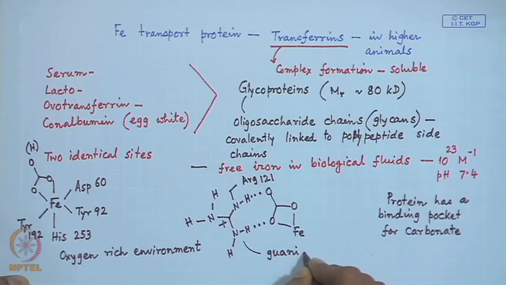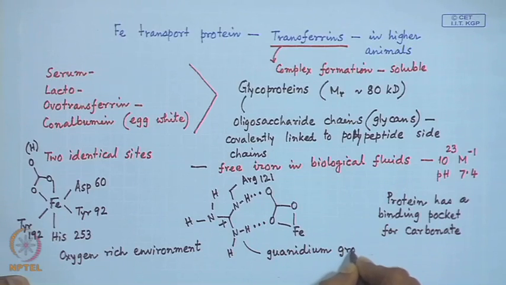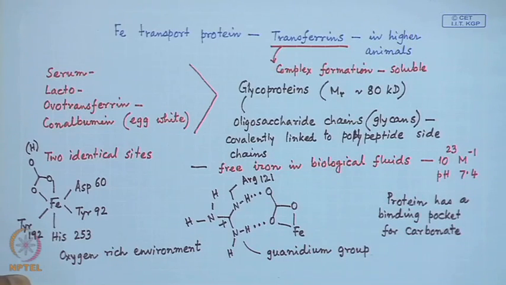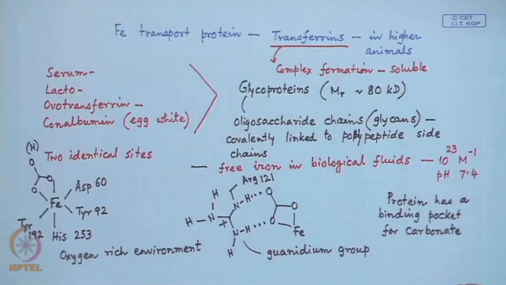So, the guanidinium group of arginine is utilized for stabilizing your carbonate anion. So, we have a mostly oxygen rich environment where you can have the corresponding carbonate anion, and that carbonate anion is stabilized by hydrogen bonding interactions.